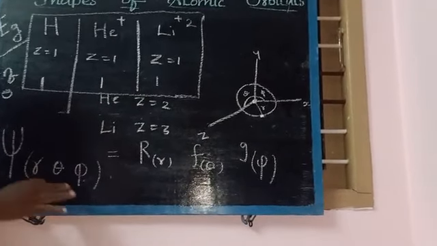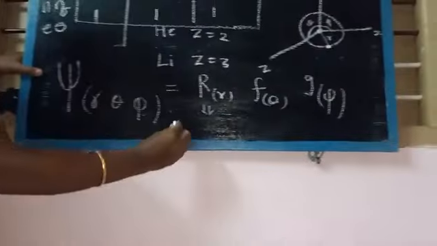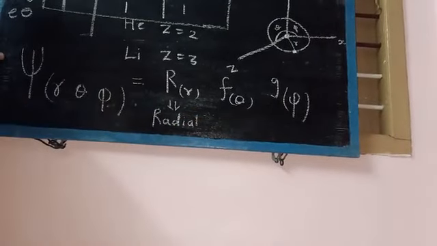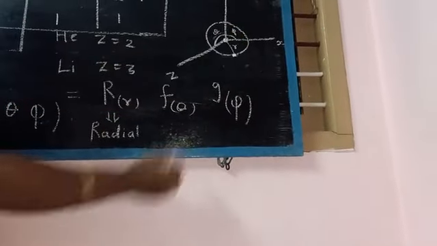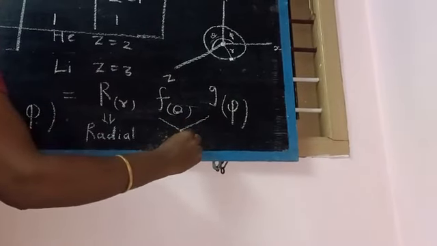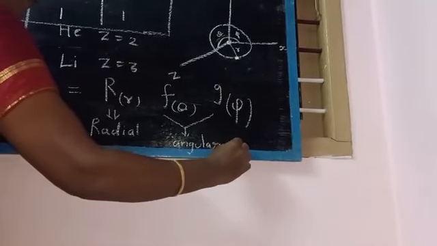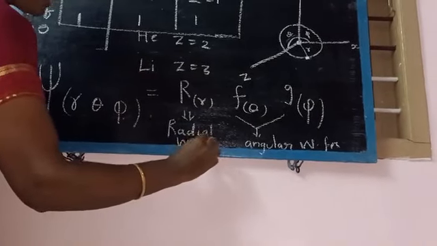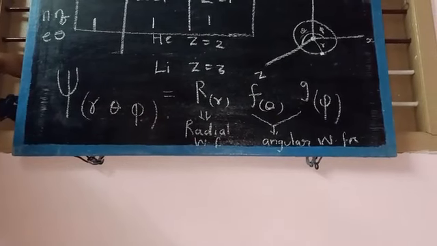From this, R(r) is denoted as the radial wave function. The remaining two, F as well as G, which give the angles, are denoted as the angular wave function. So one is the radial wave function, and the remaining two are the angular wave function.